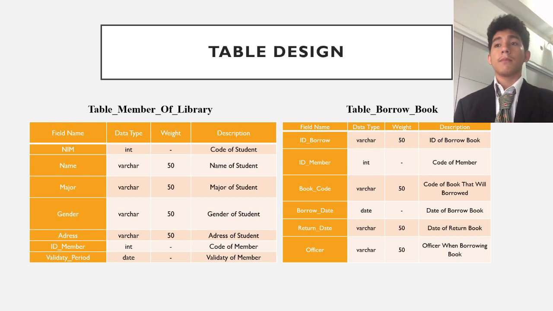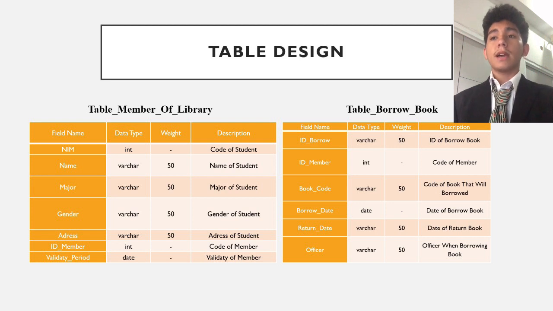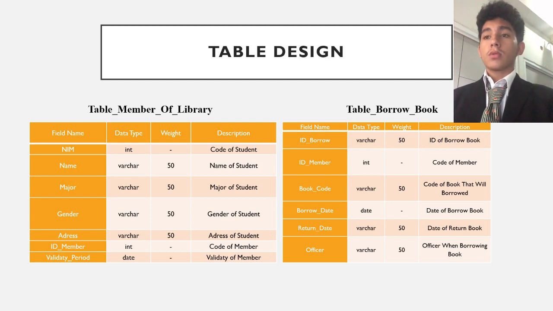And there is table borrow book. In table borrow book, there is ID borrow, data type varchar, weight 50, description, ID of borrow book. ID member, data type int, weight strip, description, code of member. Book code, data type varchar, weight 50, description, code of book that will be borrowed.